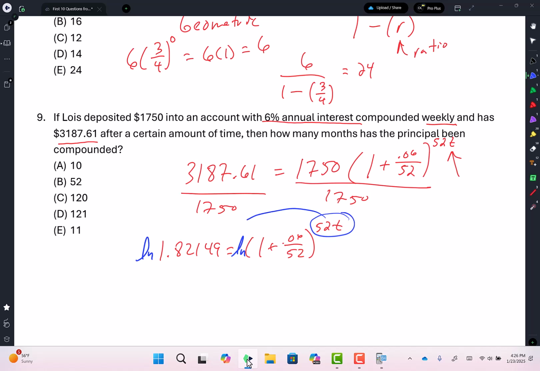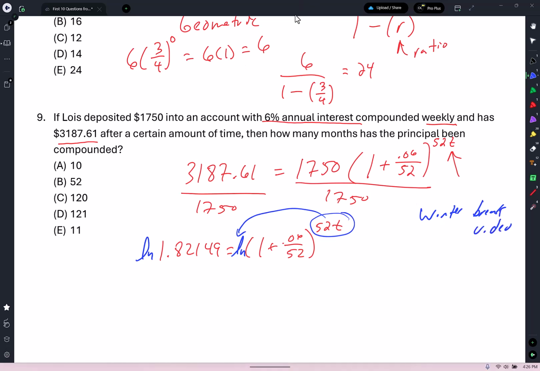That 52t comes to the bottom. Look at my winter break video to see a little lesson on that. When I do that, here we go. I'm going to have ln of 1.82149 equals 52t times ln of 1 plus 0.06 over 52. All right, I want to get t by itself.